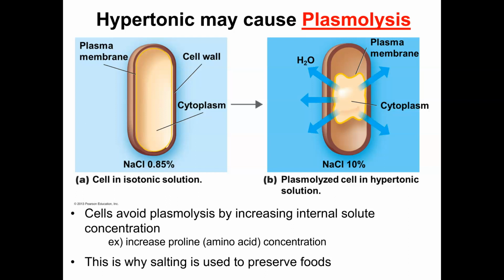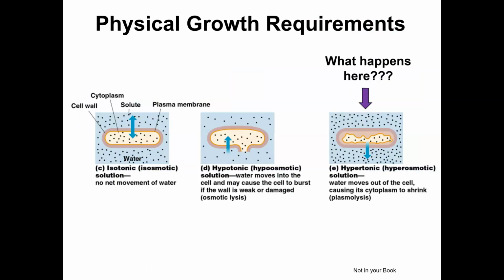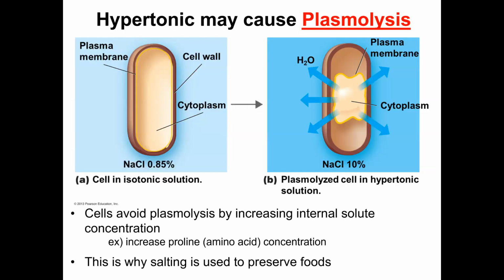So what I'm saying is, they're trying to go from hypertonic to an artificial isotonic environment. Okay, they're trying to adjust the internal tonicity. So this is why we use salting to preserve a lot of foods. That's why beef jerky is not going to go bad anytime soon. Okay, salt rips the water out of living cells.